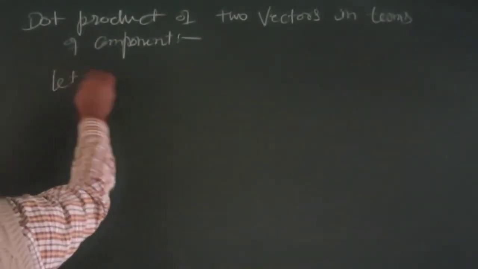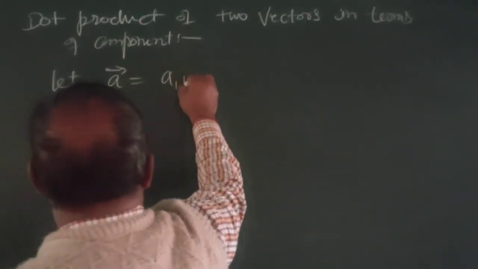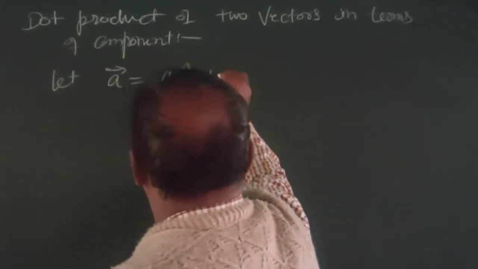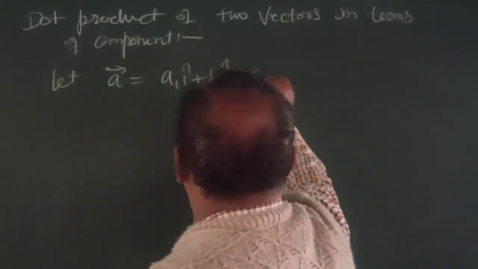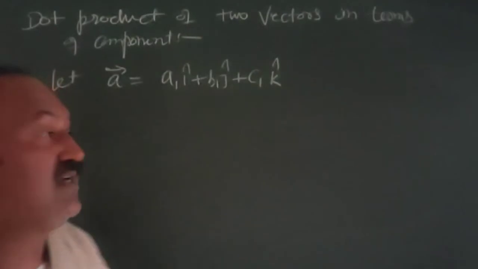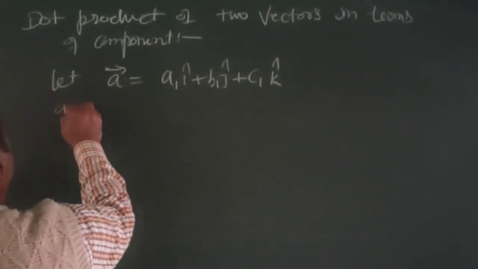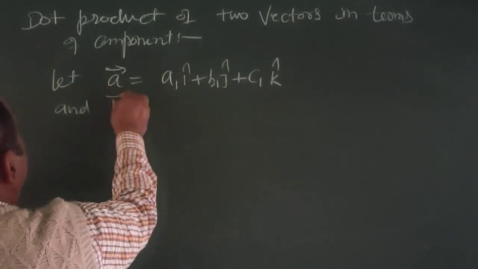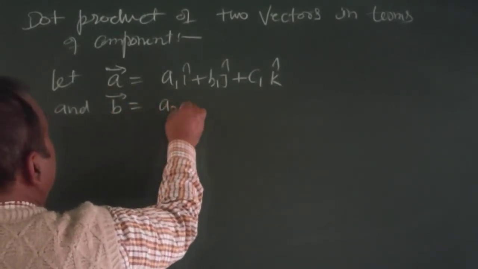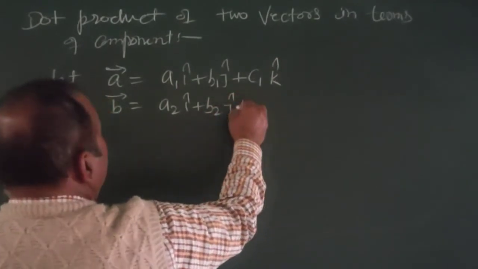Let A vector is equal to A1i plus B1j plus C1k. Let A1, B1 and C1 are the component of the A vector. And B vector is equal to A2i plus B2j plus C2k.